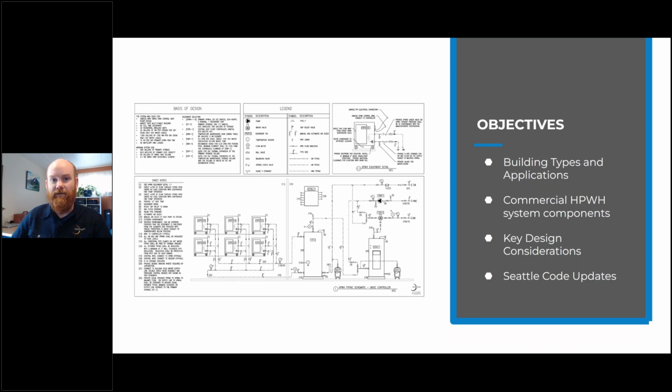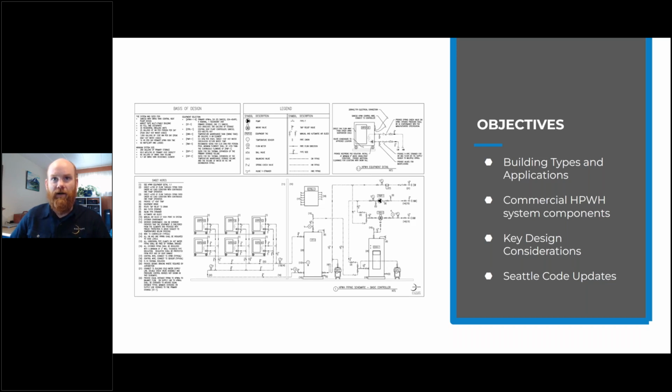So our objectives for today, we're going to cover building types and applications. We are really focused on multifamily buildings for this session as it's geared towards Seattle City Light, and heat pump water heating systems are now required for R1 and R2 occupancies, and that means hotel, motel, and multifamily.